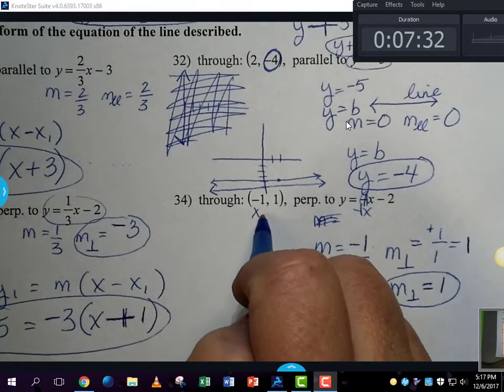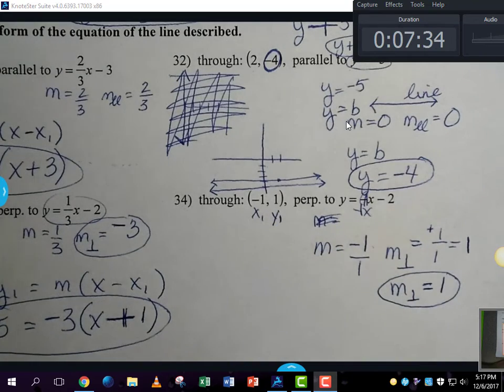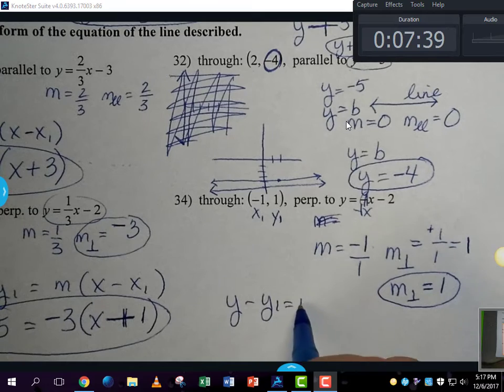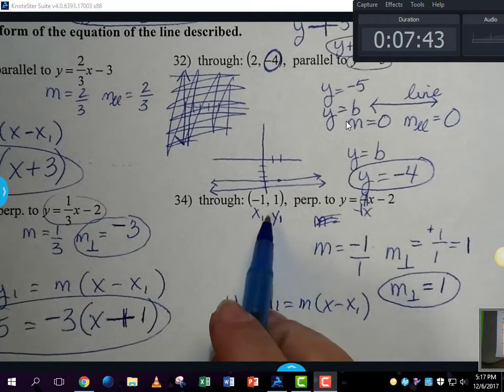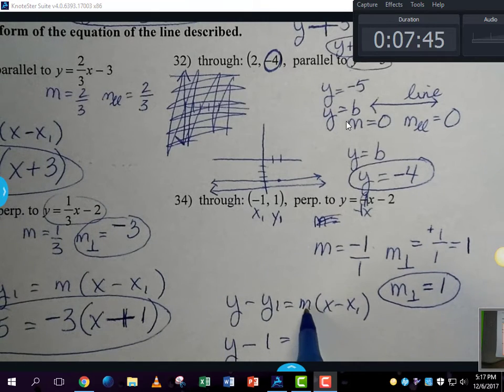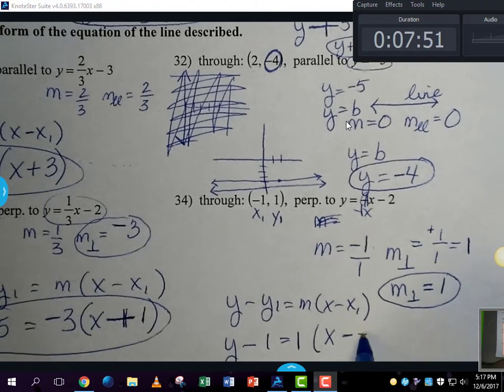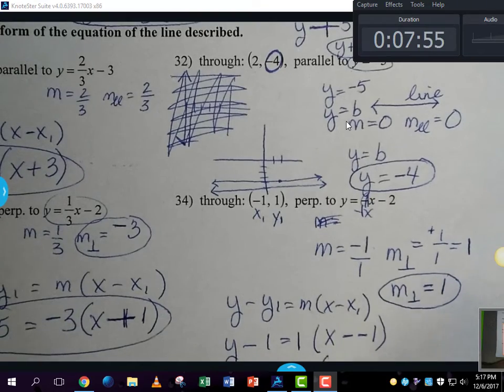And then I have my x1, y1. So when I say y minus y sub 1 equals m times x minus x sub 1, I'm saying y minus positive 1 equals the m, which is 1, times x minus x sub 1, which is negative 1. So y minus 1 equals 1 times x plus 1.